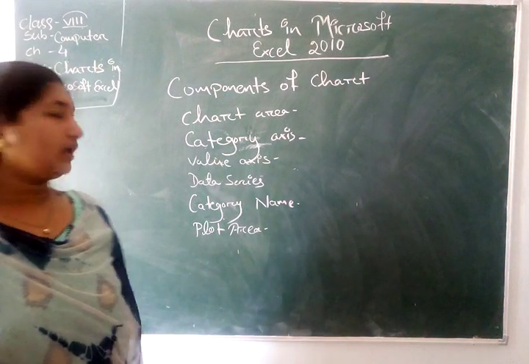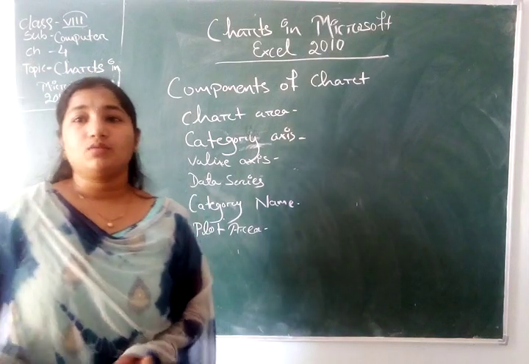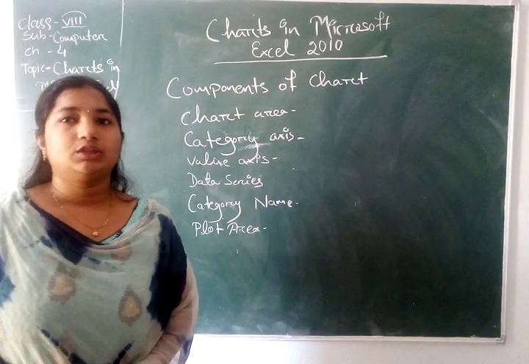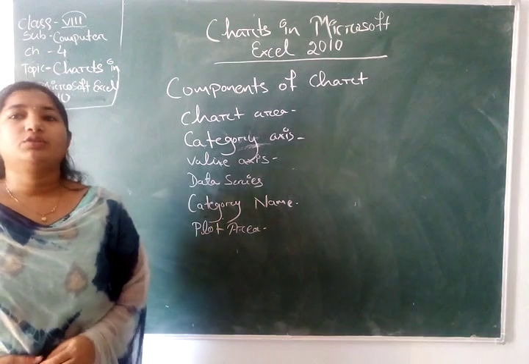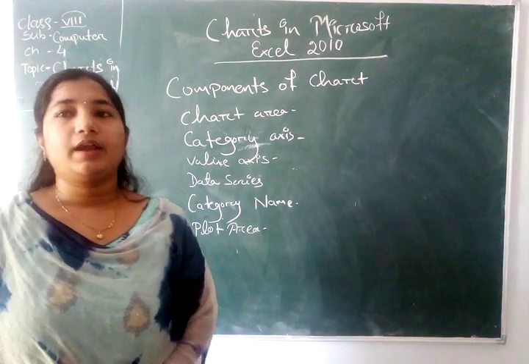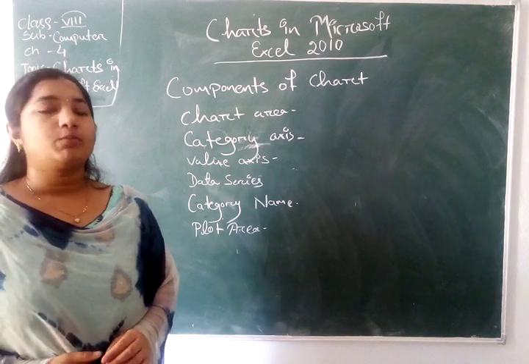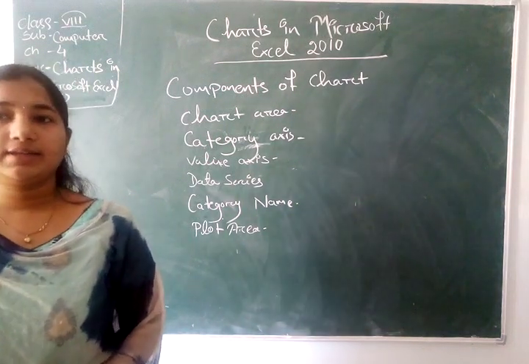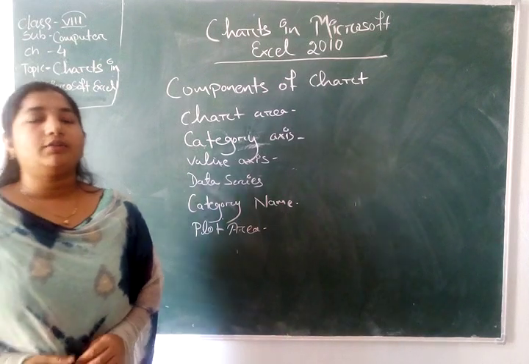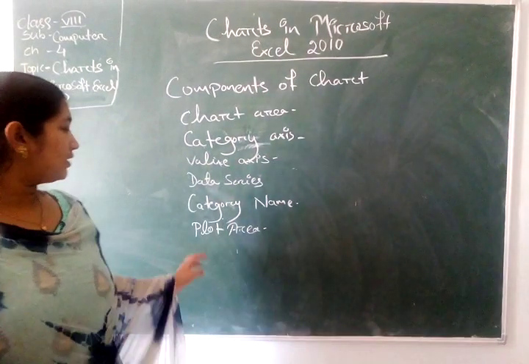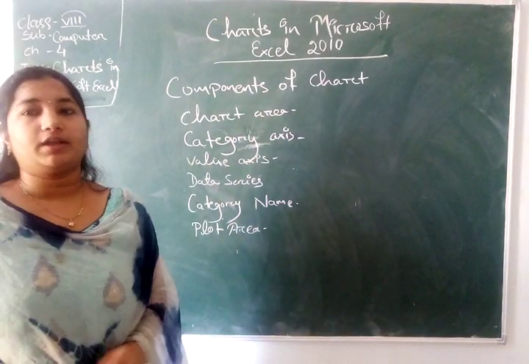Next is plot area. Plot area is a window within a chart area, and it contains the actual chart and includes the plotted data and data series and category and value axis. All these things come under plot area.